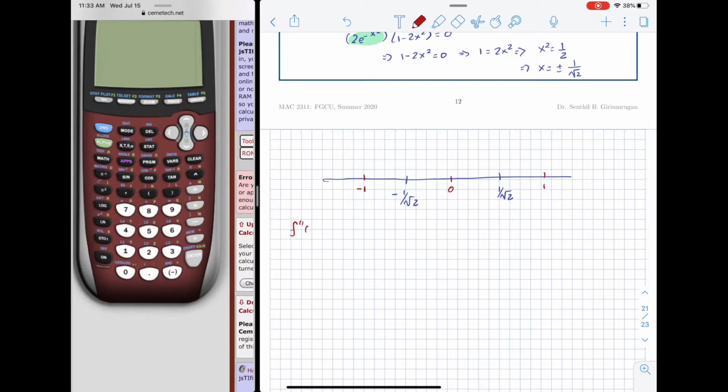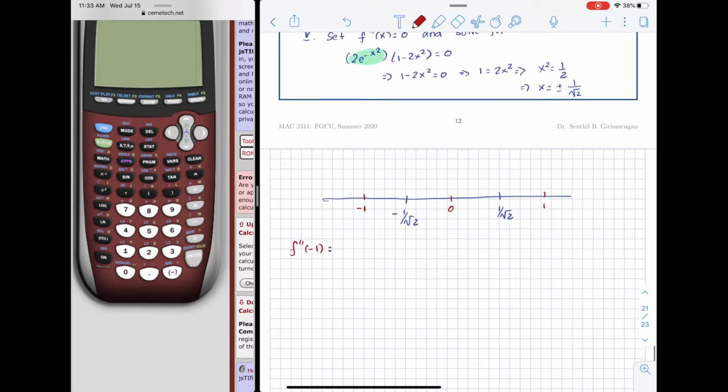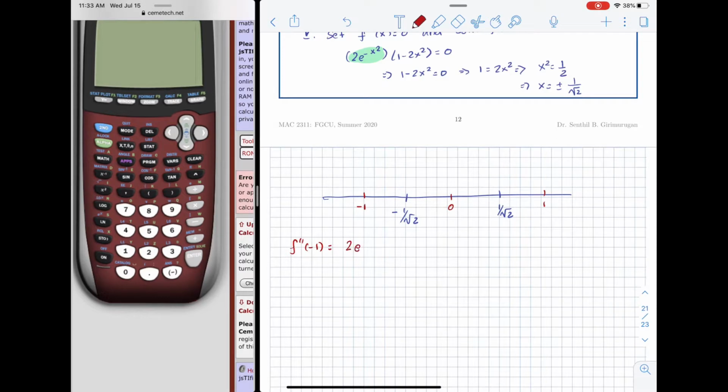f double prime of negative 1 is 2 times e raised to negative of negative 1 squared times 1 minus 2 times negative 1 squared, which will give us a negative number, which would mean it is concave down. Pick an easy number between negative 1 over square root of 2 and 1 over square root of 2.